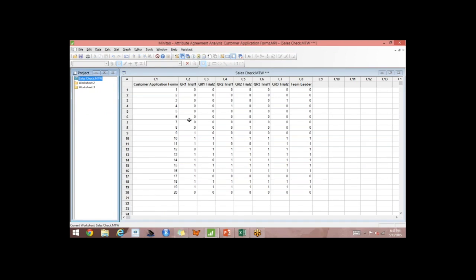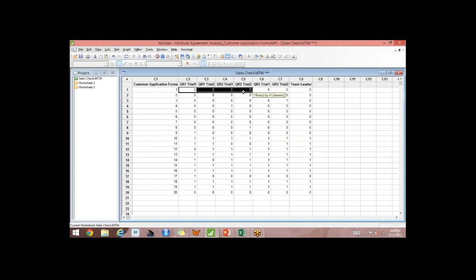Here's the worksheet. Between appraisers means between all of them. If they are more than 2, probably it should be among appraisers, but grammatically, that's fine. Okay. Quality representative 1, trial 1, trial 2, quality representative 2 in trials 1 and 2, quality representative 3 in trials 1 and 2.